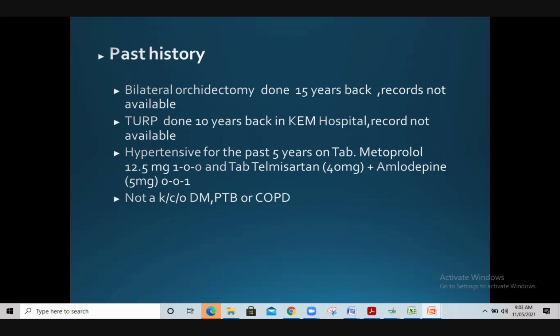See, for 15 years the patient is a known case of whatever. We are assuming that he has CA prostate, but if he has CA prostate, is he likely to have received any more treatment? And how will you ask that history? He is hypertensive for 5 years on these drugs.